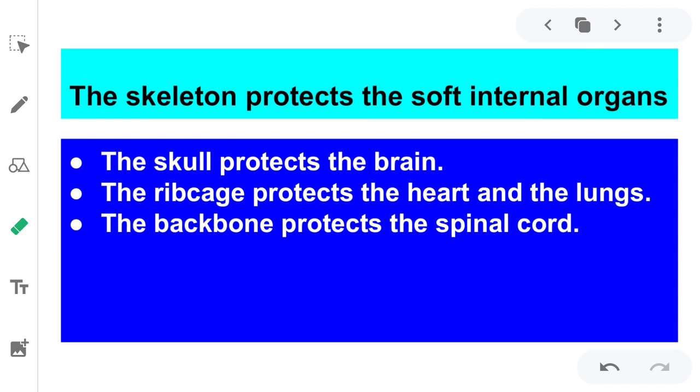So, heart and lungs, all these are internal organs. Brain is also an internal organ. So, these are very delicate internal organs and need protection. So, the skeleton provides protection to these delicate internal organs.